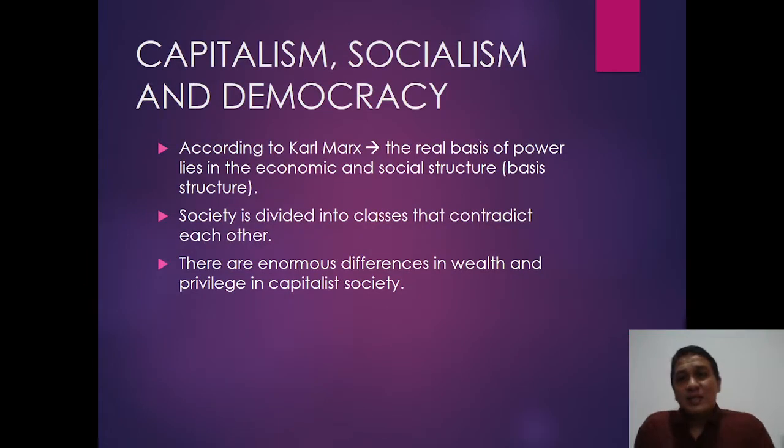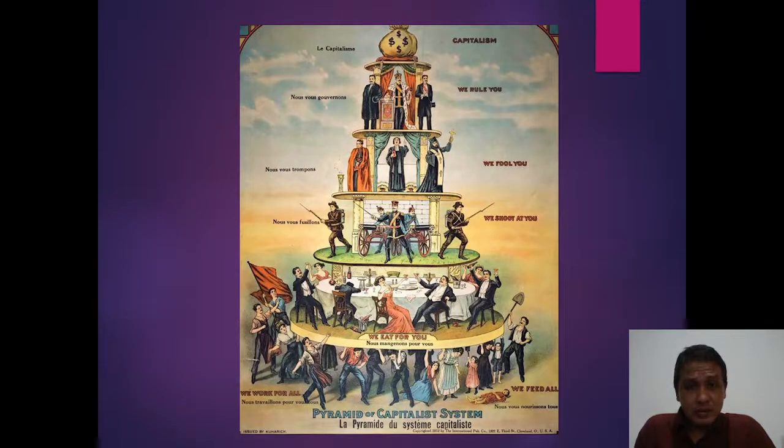Okay. According to Karl Marx, one of the major socialist thinkers, the real basis of power lies in the economic, which he called the base structure, and society is divided into classes which contradict one another. There are enormous differences in wealth and privilege in capitalist society. This is the picture that could symbolize it. On the top of the pyramid is the one who rules, "We rule you," like government.